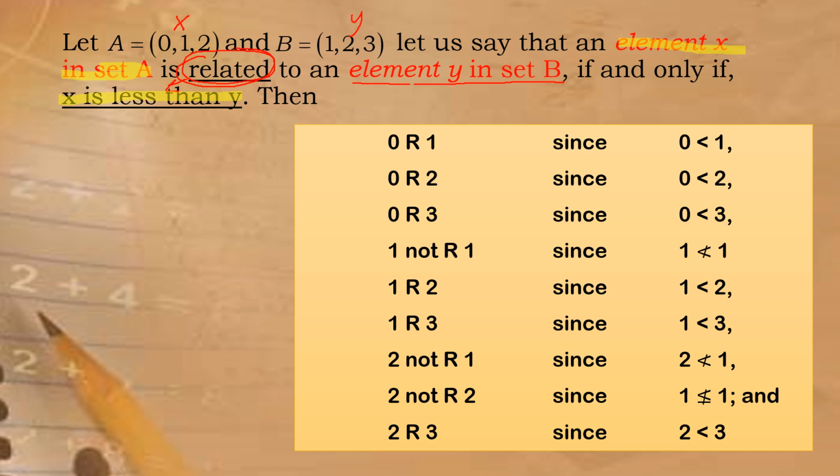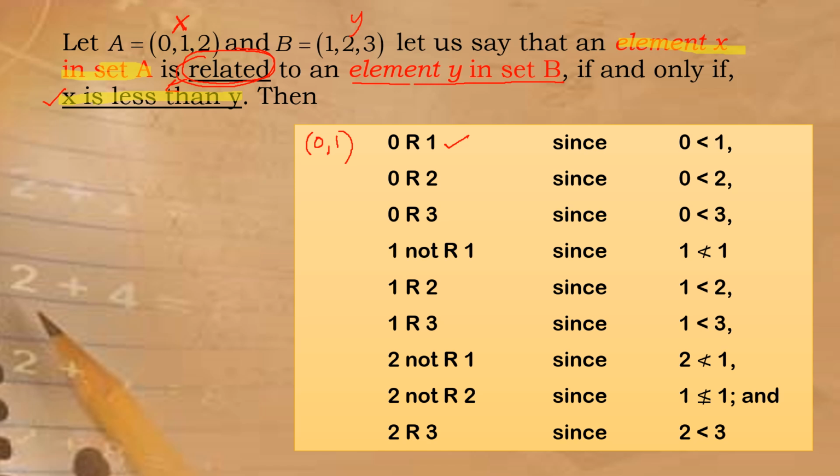And then, the second number will be the element Y. So, if we have the first coordinate 0, 1, then 0 should be related to 1 since 0 is less than 1. It satisfies our condition. Ganun din dito, 0, 3, and then 1, 2, 1, 3, and 2, 3.